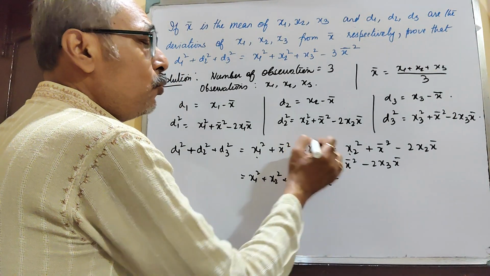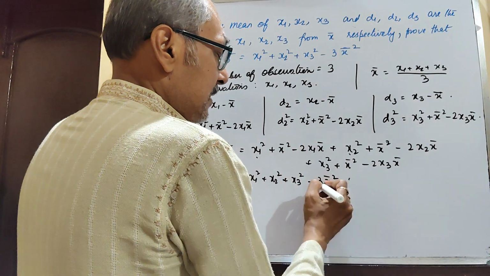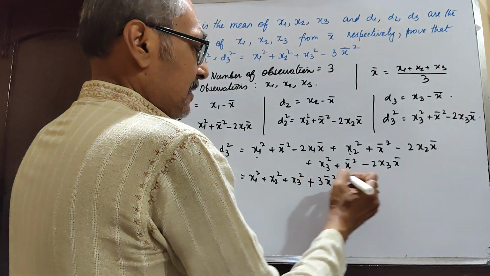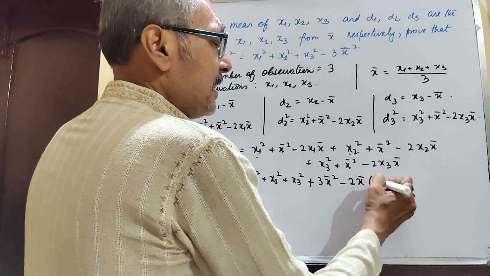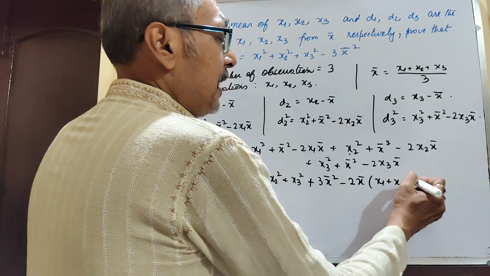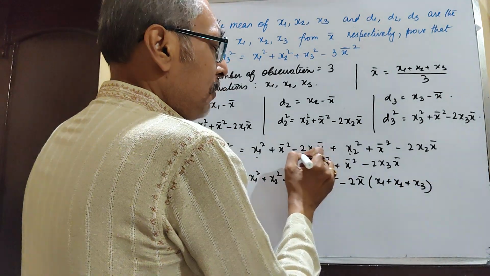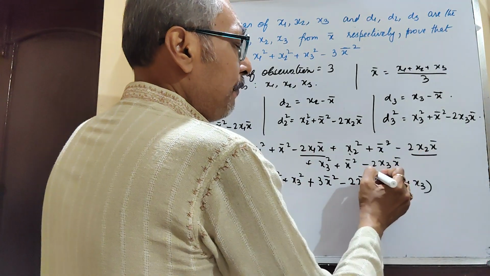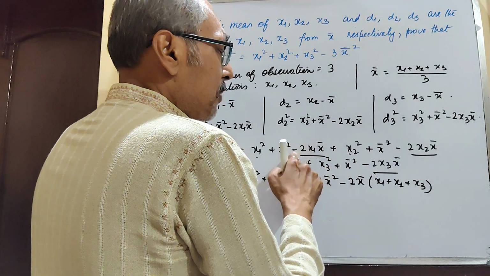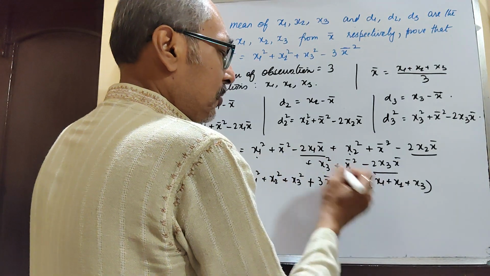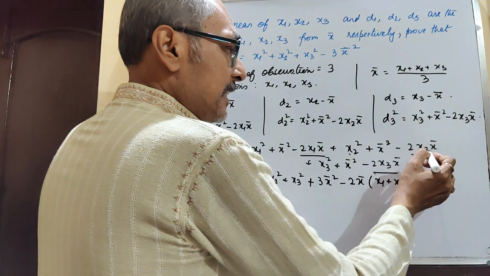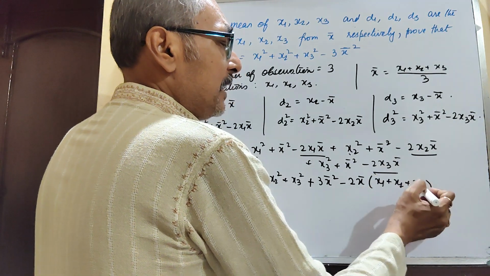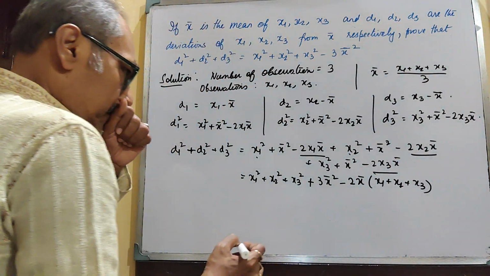Now we take minus 2 x bar common, and then we write x1 plus x2 plus x3. From here we are getting x1, from here x2 and from here x3.